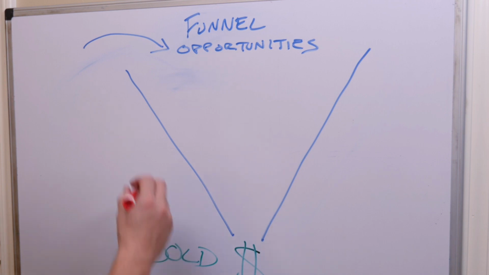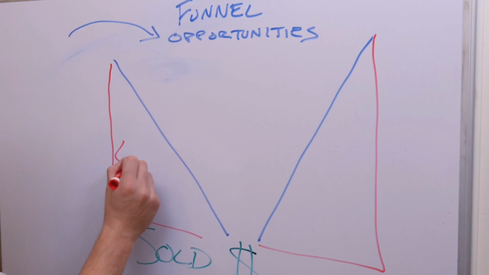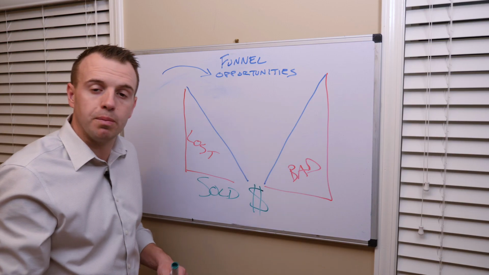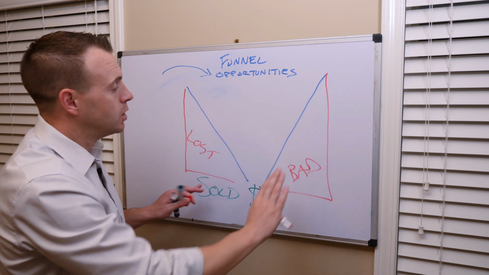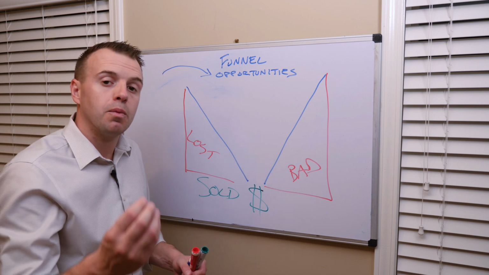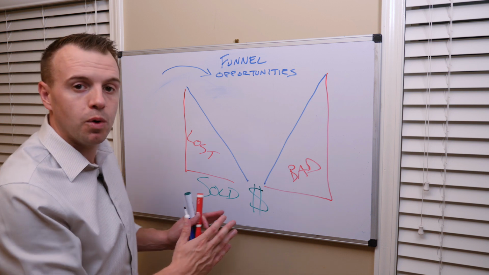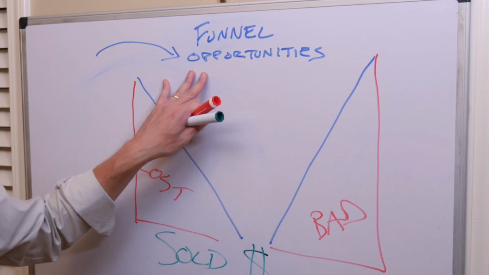But ultimately, anything outside of our sales funnel is lost. It's bad. We don't make money when we lose opportunities. So it's important to know, and I know by understanding my data, it's important to know where I can make improvements.